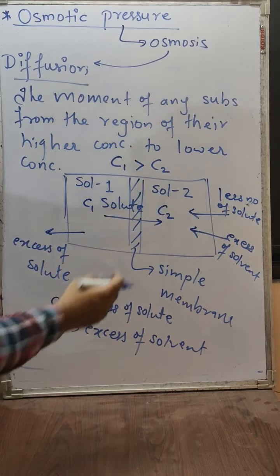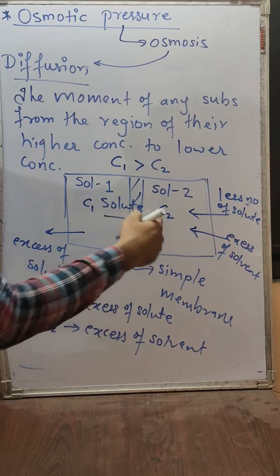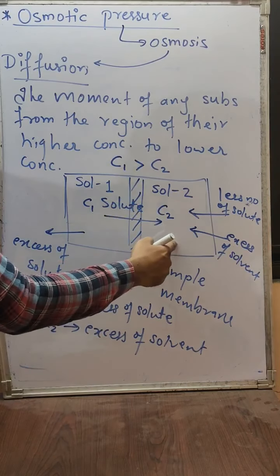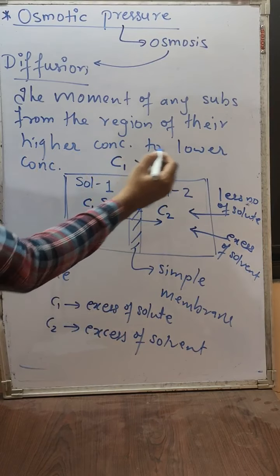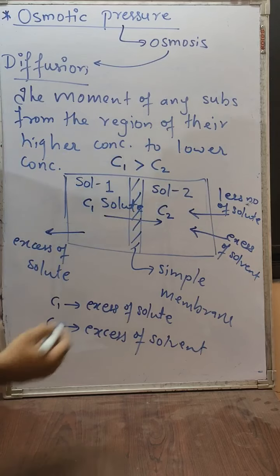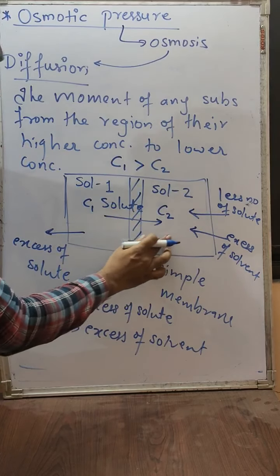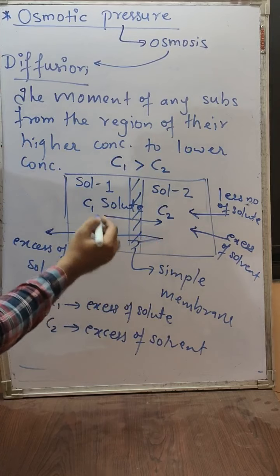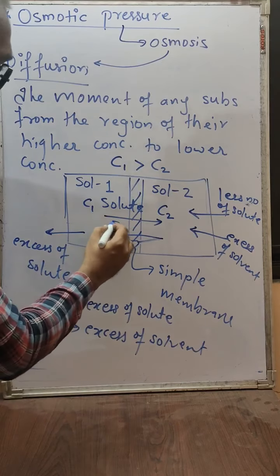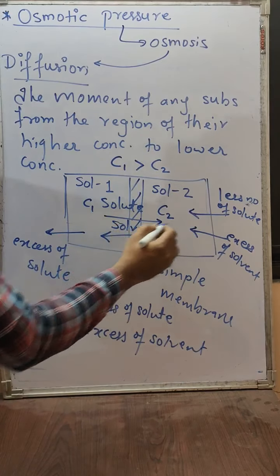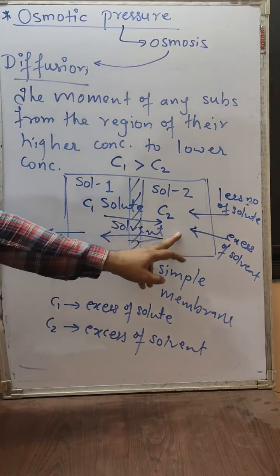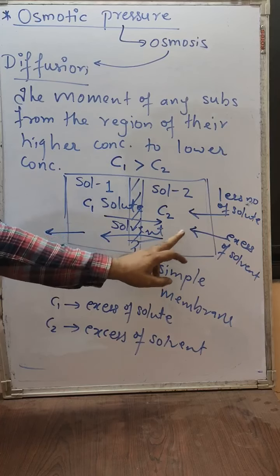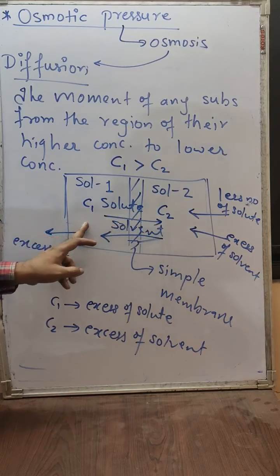Same here, if we talk about the solvent, it is in excess here, meaning the concentration is higher, moving from higher concentration to lower concentration. So solvent will move from C2 to C1, because the concentration of solvent is high here and less there.